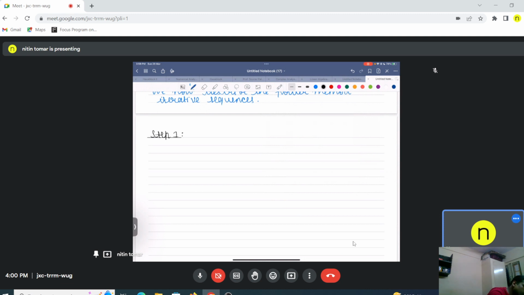Step 1 is choose a vector x0 arbitrarily. You just choose any vector and set y1 as A x0.